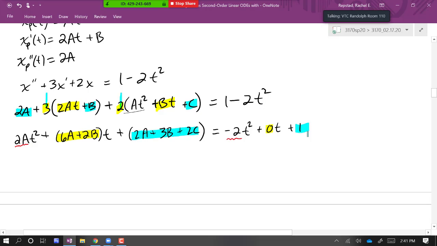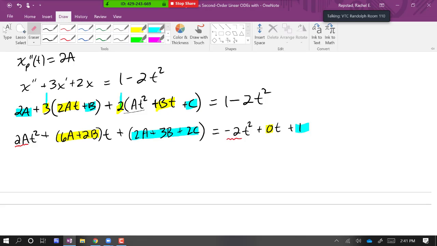On the first line of highlighted stuff there, when the 3 gets distributed through the 2a plus b, is the next line plus 3? Yep, that's supposed to be a 3b. Thank you.